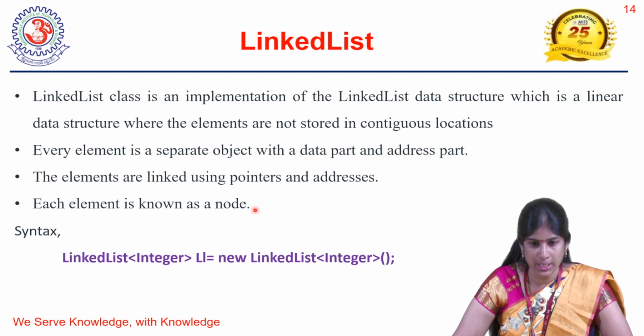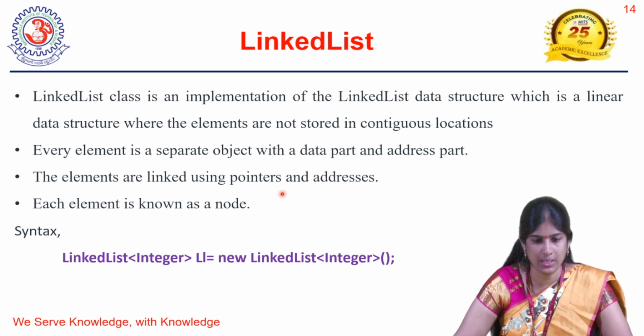It is very easy to access elements available in the linked list, and fast access is possible with the help of the linked list. If you want to create a linked list, you have a predefined linked list class. You have to create an object of this linked list class, as we did for array list, specifying the data type, integer here.